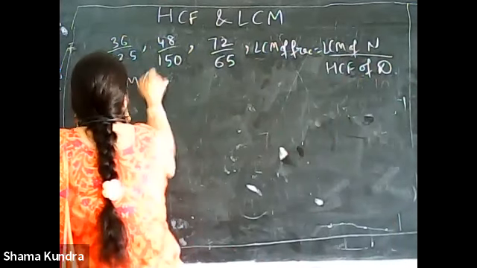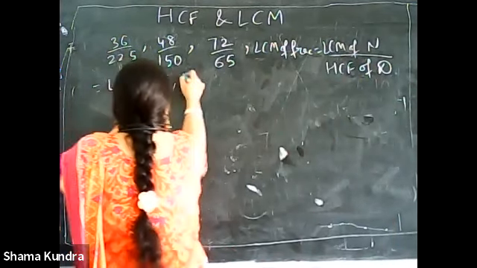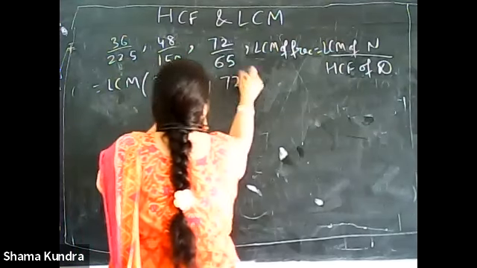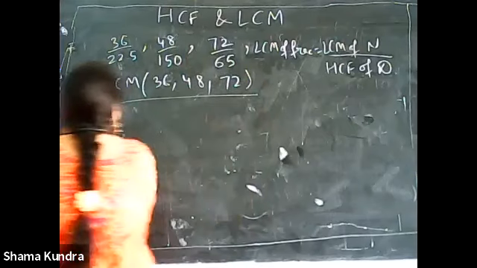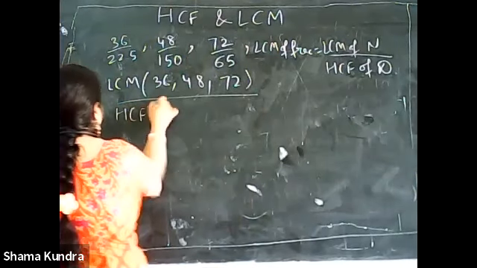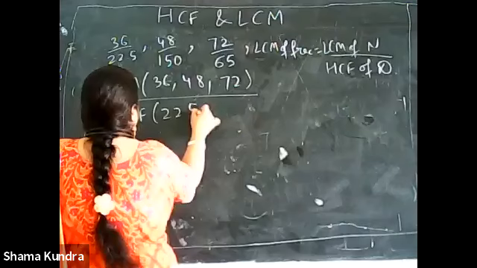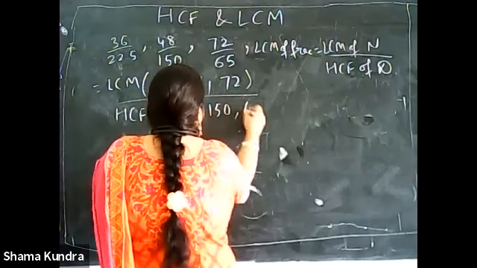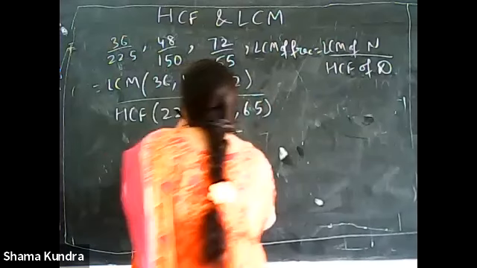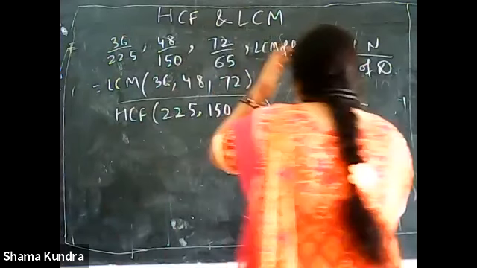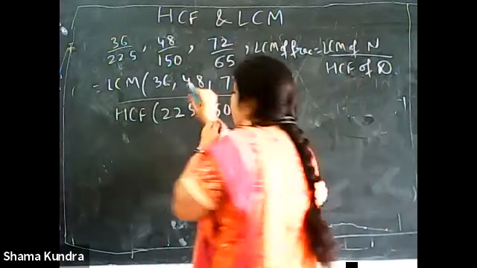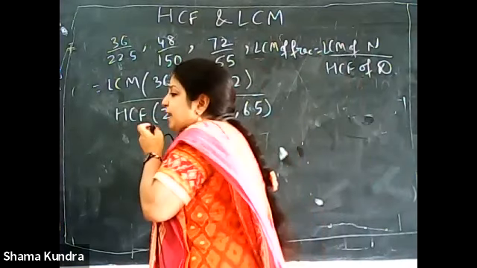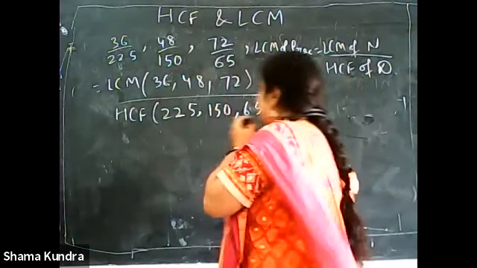So the LCM of numerators 36, 48, 72 divided by the HCF of 225, 150 and 65. Now the LCM of 36, 48 and 72.